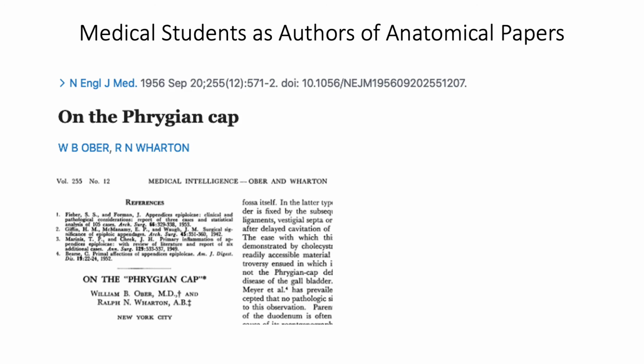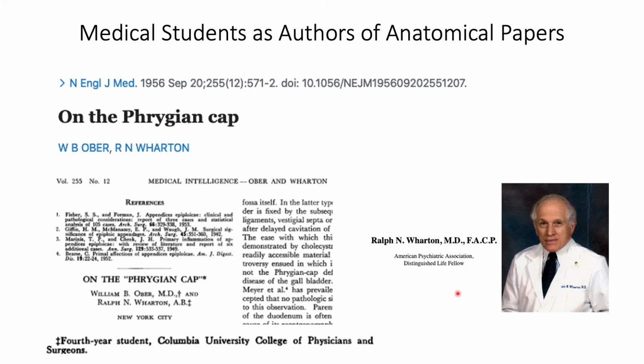And when I researched this paper, I noticed that the co-author was a R.N. Wharton, and that got my interest, Ralph N. Wharton, A.B., and it turns out he was a fourth-year student, a Harvard University undergrad, at the Columbia University College of Physicians and Surgeons, which actually is my alma mater as well. And I wonder what he was doing today, and he's now a very famous, very prestigious psychiatrist, still at Columbia.